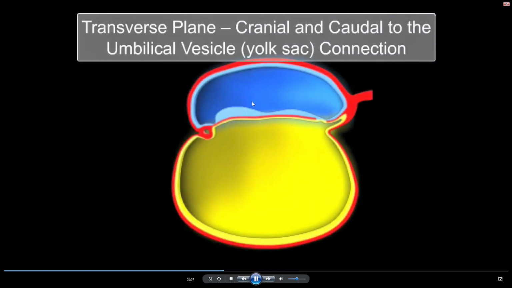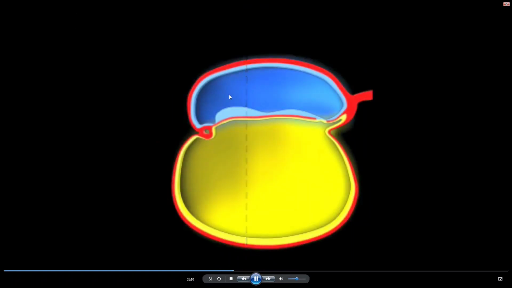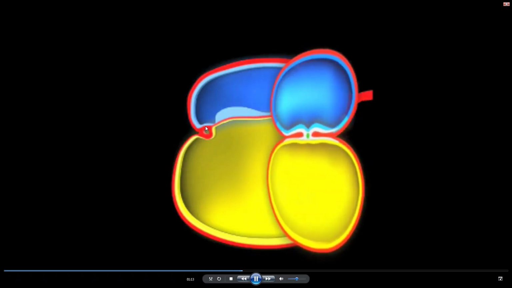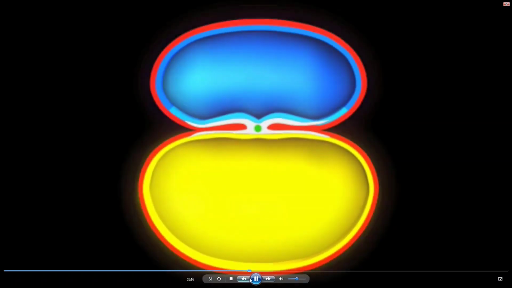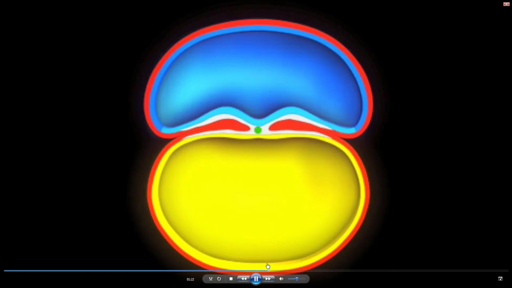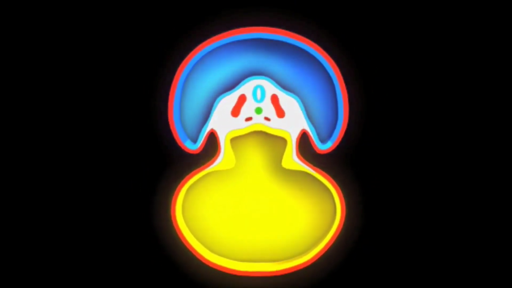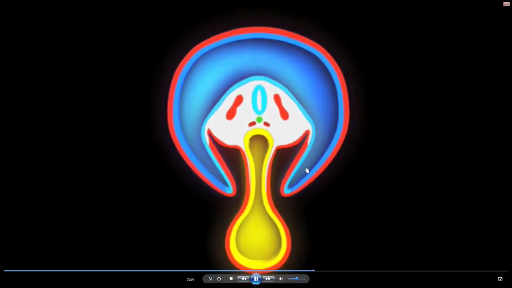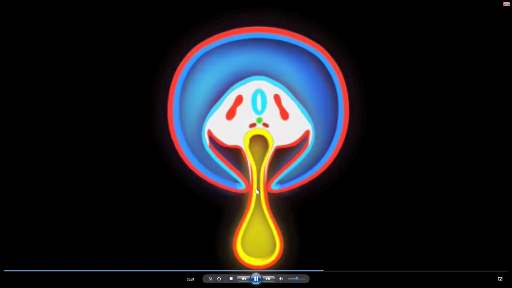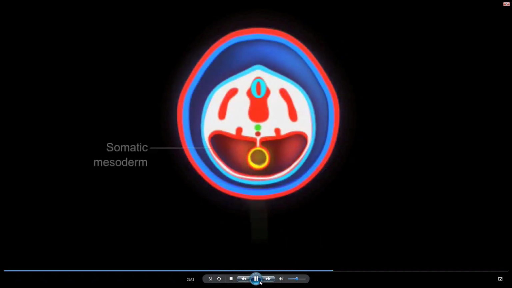When we make a section more cranially to the cardiogenic zone, it will show us the folding of the embryo once again. So we need to wait a little bit. More cranially to the omphaloenteric duct, the folds will fuse together, and the intraembryonic coelom, this body cavity, will close.